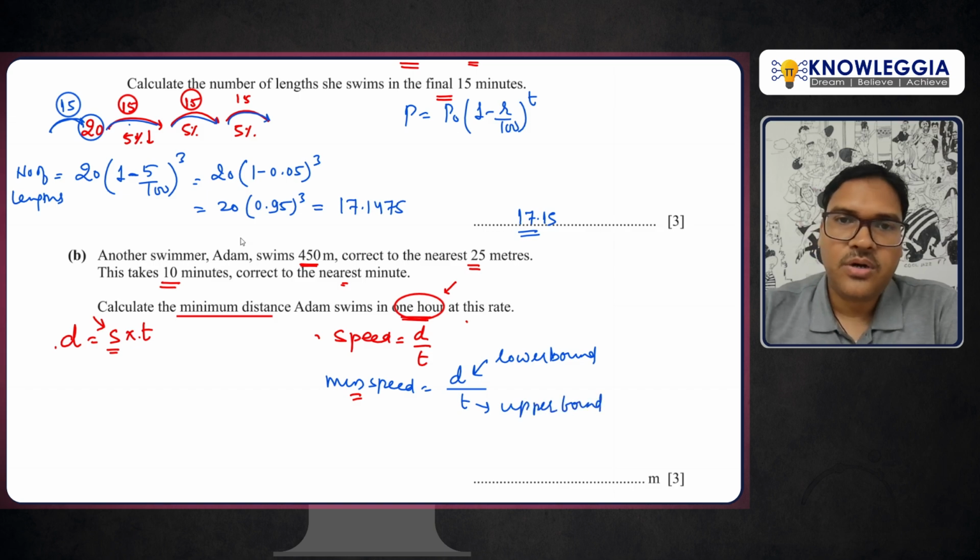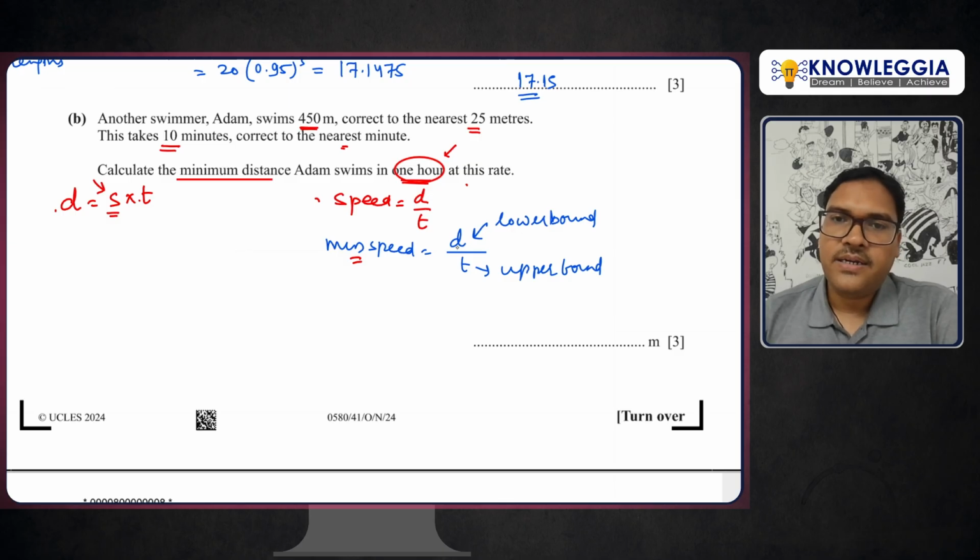I hope this point is also clear because we are dividing distance upon time. So for the minimum value of this expression, distance should be smaller and time should be greater.